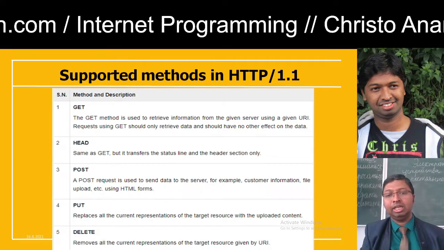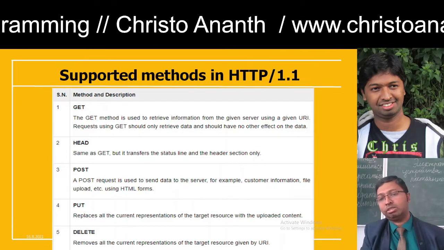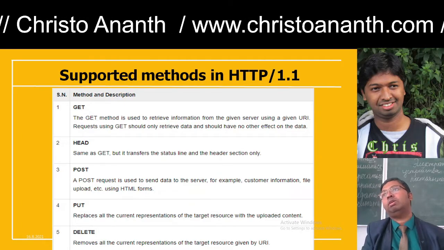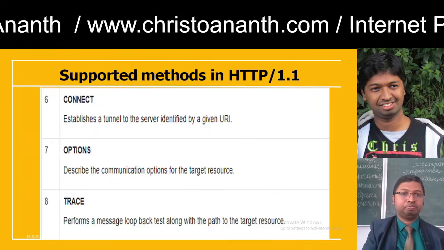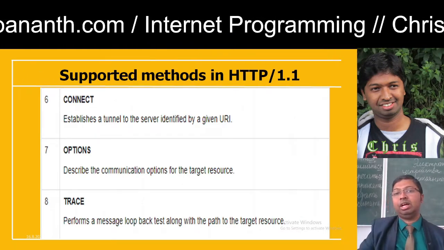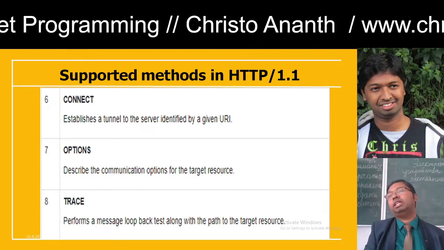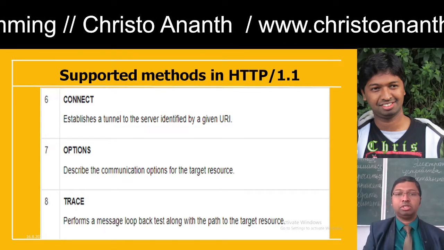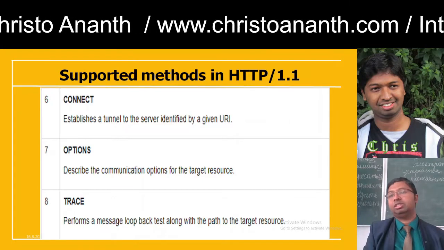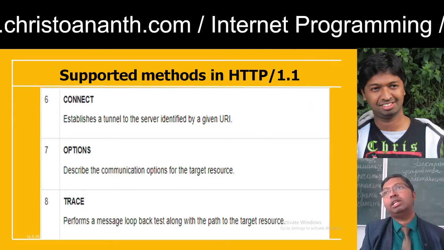DELETE removes all current representations of the target resource given by the uniform resource identifier. Finally, CONNECT establishes a connection, a tunnel, to the server identified by the given uniform resource identifier. OPTIONS describes the communication options for the target resource.